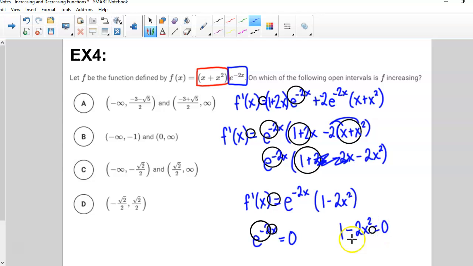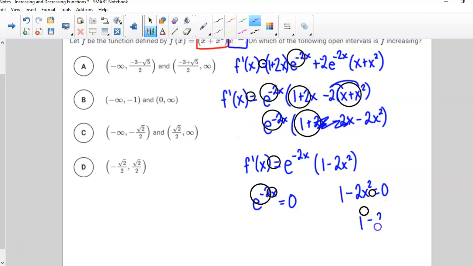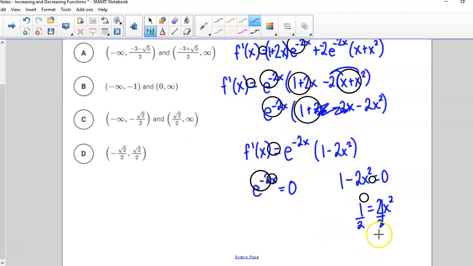I'll start with the right-hand side because that's easier. 1 will equal 2x squared, and then divide by 2, and then I'll square root both sides. So I get x is plus or minus the square root of 1 over 2.